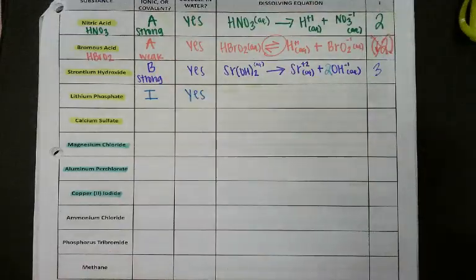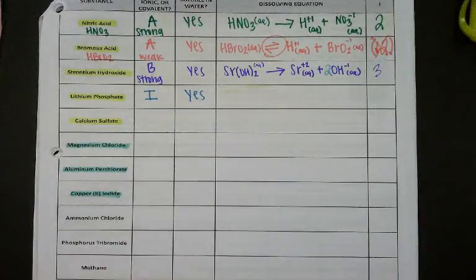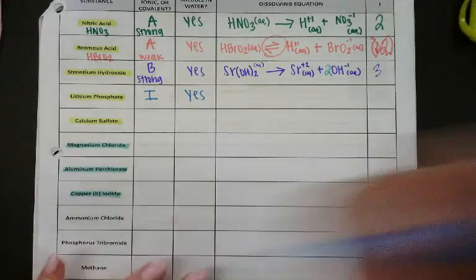It is. Why is this soluble in water? Anybody? Group 1. Lithium is in group 1. Always soluble. No exceptions. All right. Lithium phosphate. Nathia, how do I write lithium phosphate?